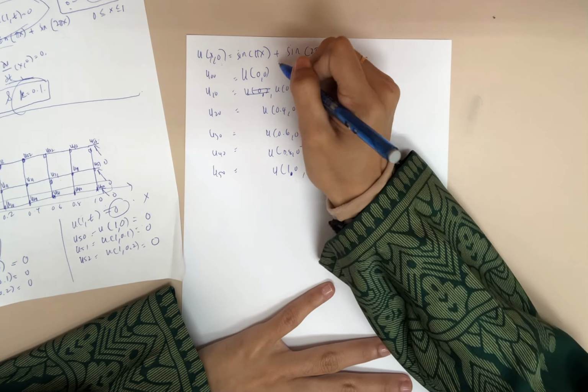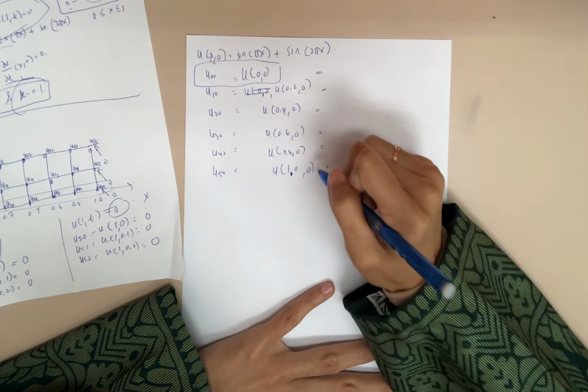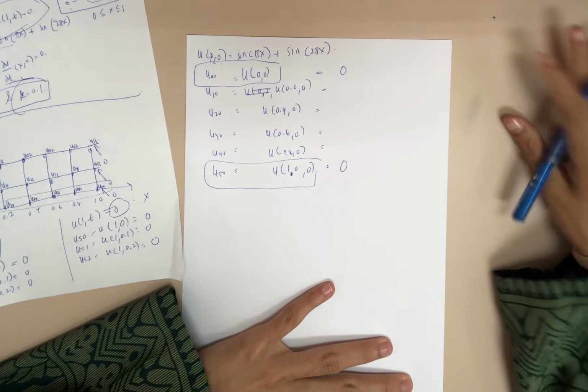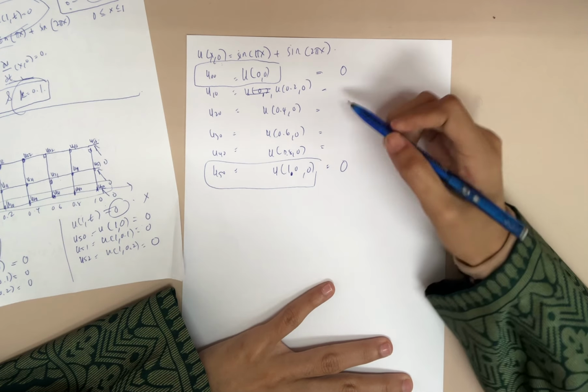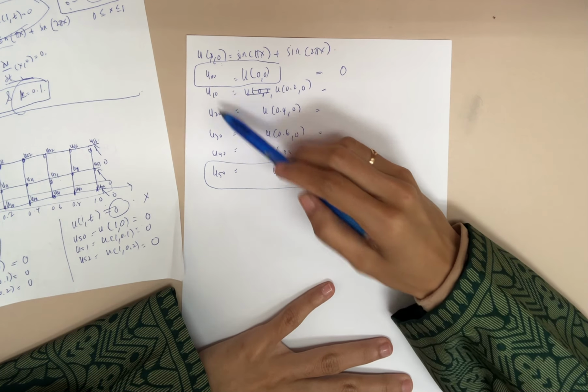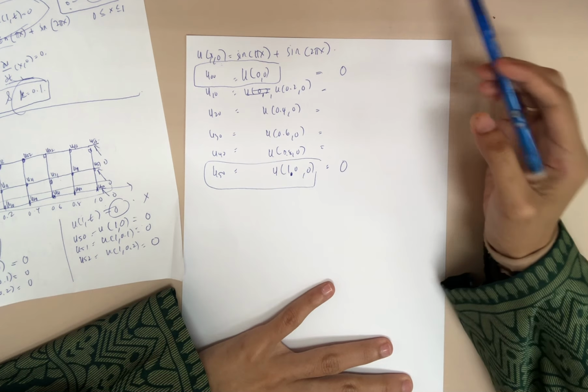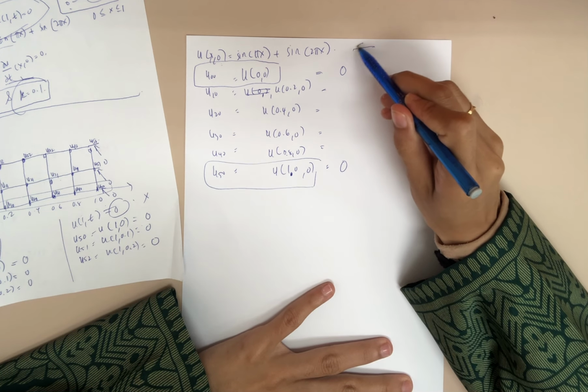Of course, these two you already calculated just now, so you get 0. Now in the middle here, you have U10, U20, U30, U40. So how to find these values? You need to use this equation.